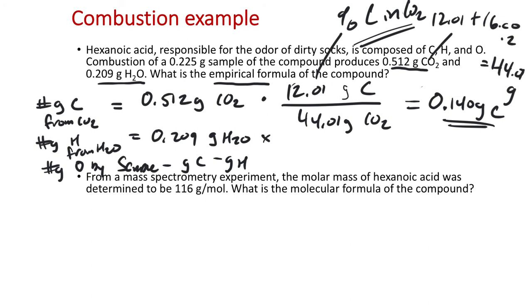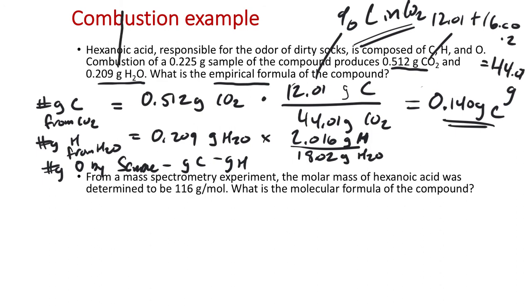What's the percent mass of hydrogen in water? You'd have 2 times 1.008, because you have 2 hydrogens, that's 2.016 grams of hydrogen that are present in the sample for every 18.02 grams of water.